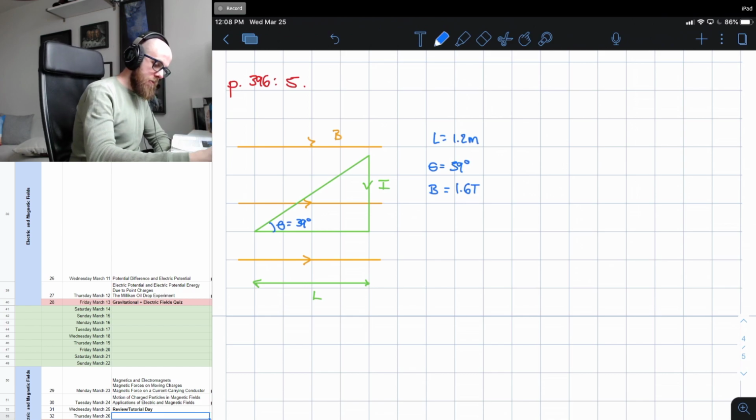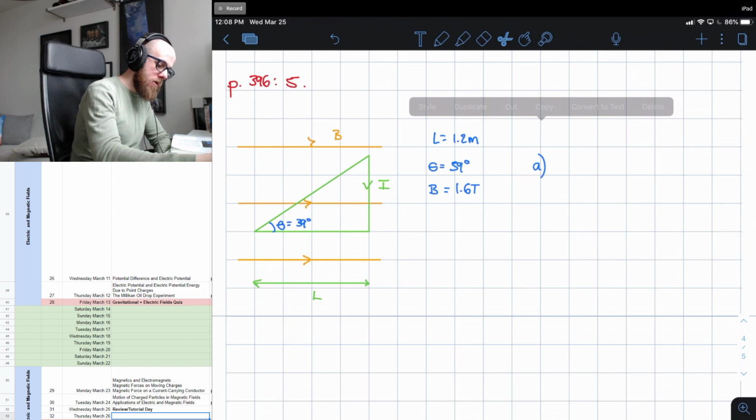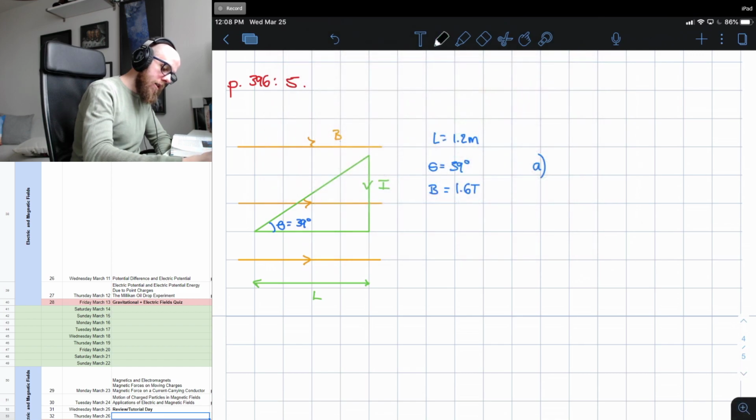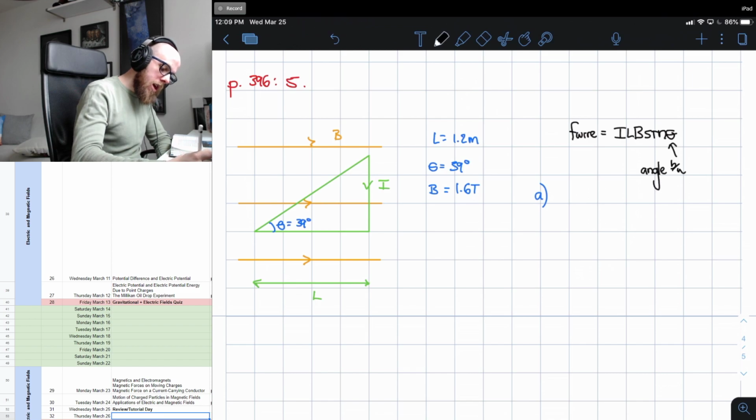So first step, part A is actually super easy. We're interested in the force on portions of this wire. The force on a wire is given by F wire equals ILB sin theta, where theta is the angle between the wire and the magnetic field.